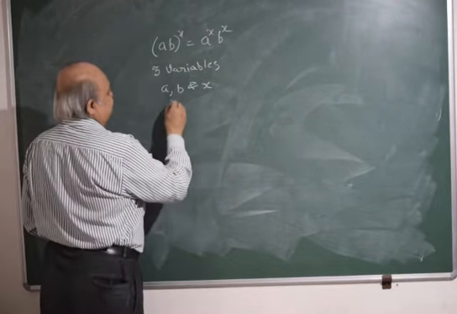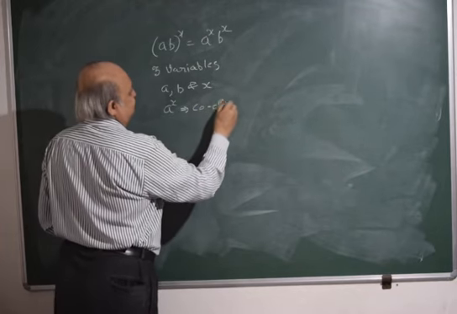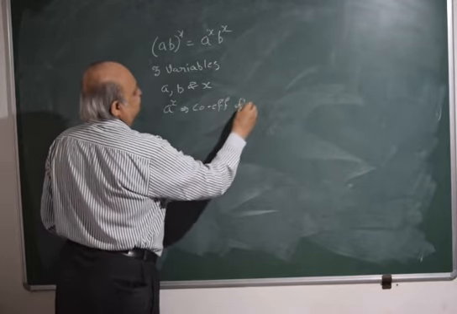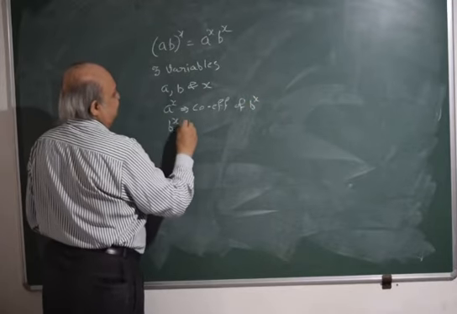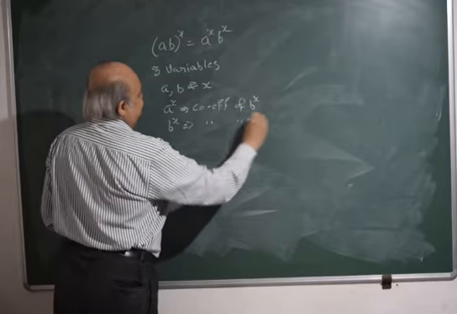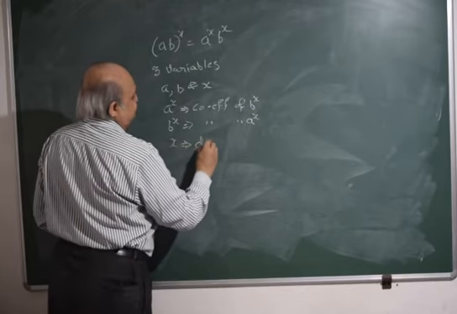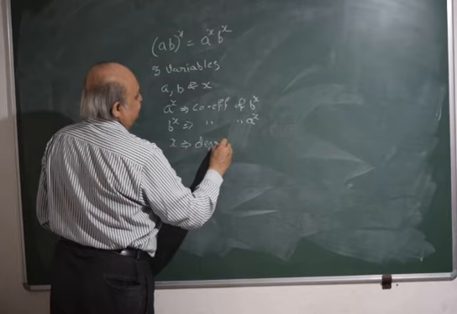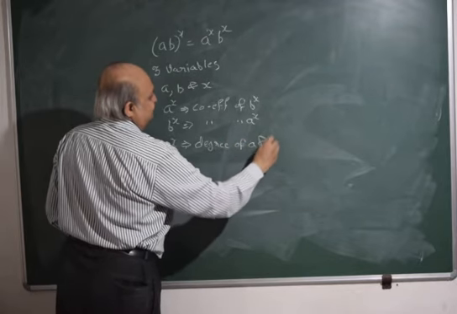A raised to x becomes the coefficient of b raised to x. Same way, b raised to x becomes the coefficient of a raised to x, and x is the degree of a and b.